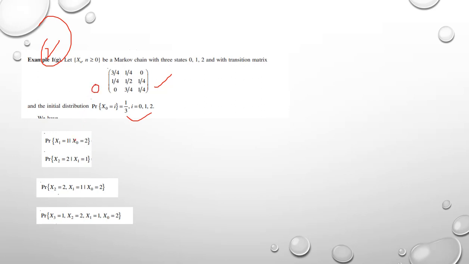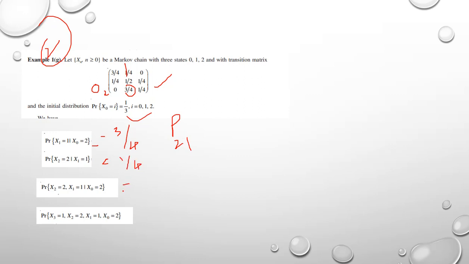Probability of X1 equal to 1 given X0 equal to 2 is p21. Here 2, here 1, so I get 3 by 4. Now I need the p12 value, which is 1 by 4.